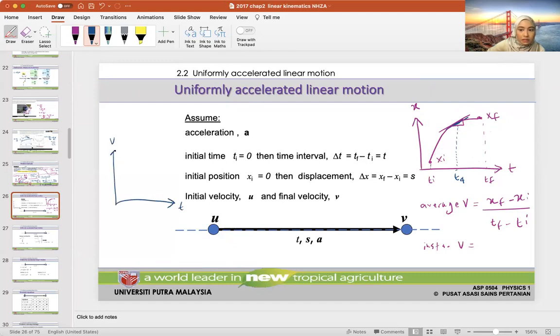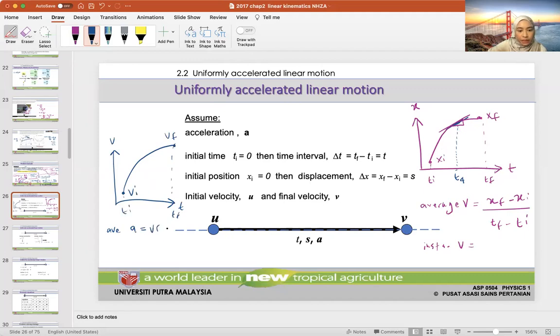Kita akan dapat acceleration. Let's say this is our velocity versus time graph. So if I wanted to know what is my average A, I have to know what is the V final, what is the V initial, and what is the T final, and what is the T initial.